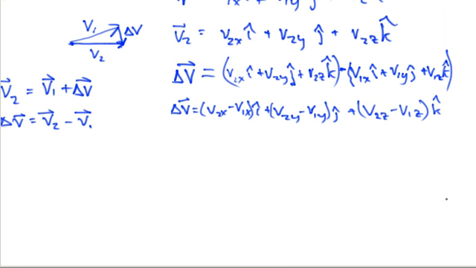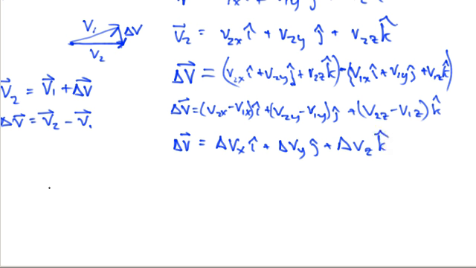and the delta v we can just write as delta v vector is equal to, this will be the change in the x component, just call it delta vx times i plus delta vy times j plus delta vz times k.